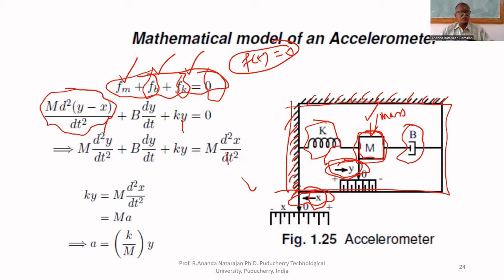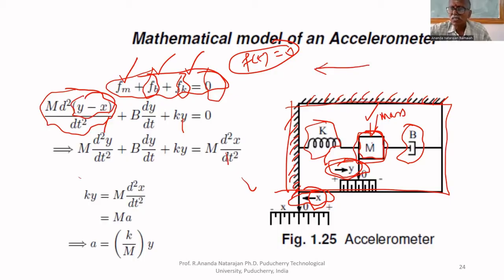For spring and dashpot, we have seen that if in the same direction, the deflection is x1 minus x2. For dashpot also, the displacement is x1 minus x2. But here we wrote y minus x. Why? You see that the box is moving in this direction.